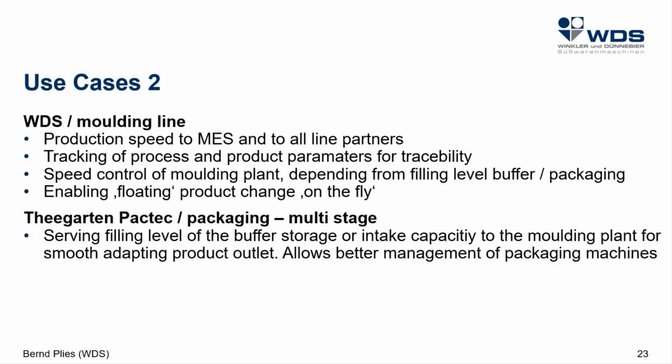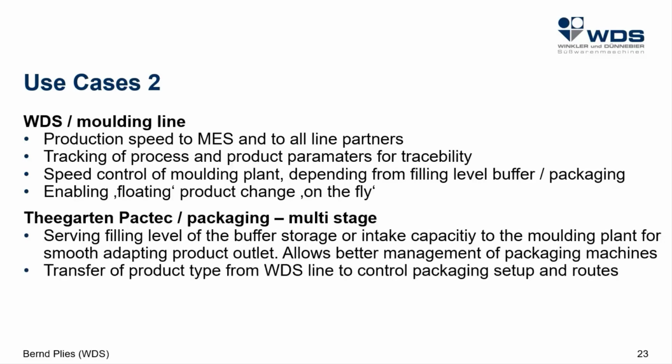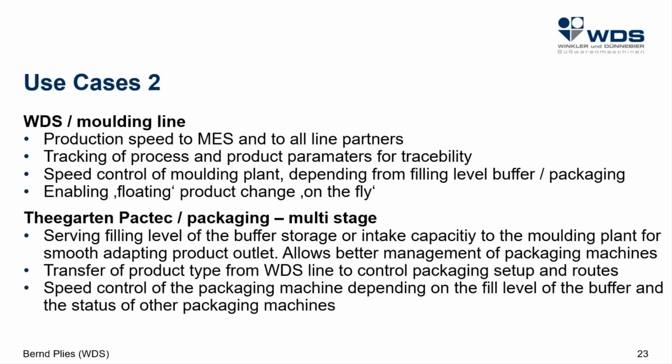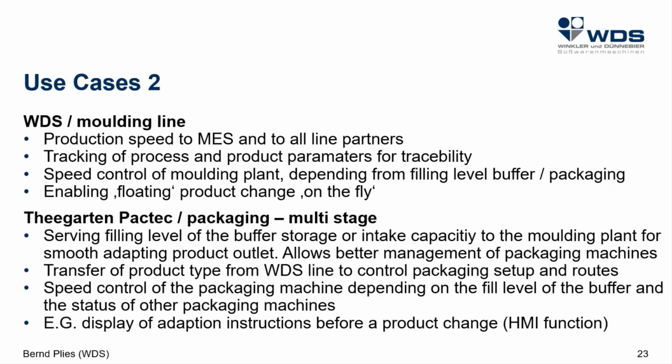Transfer of product type from the WDS line to control packaging routes and materials. Speed control of the packaging line depending on the fill level of the buffer and the status of other packaging machines. And Theegarten provides a function to display adaptation instructions at their HMI.